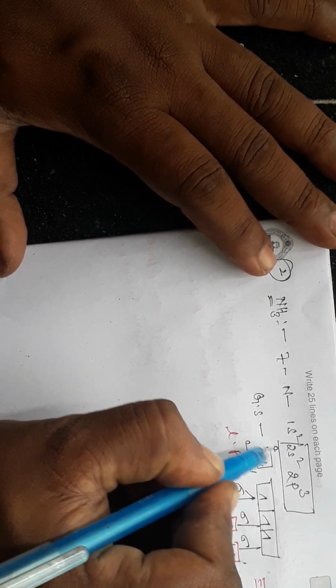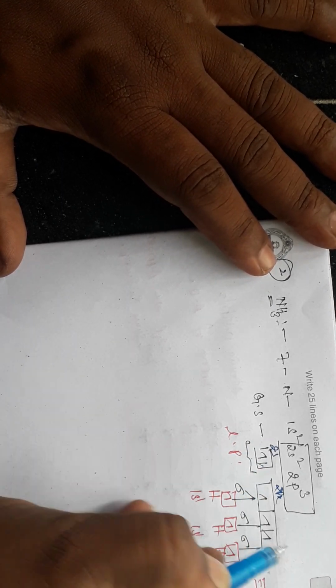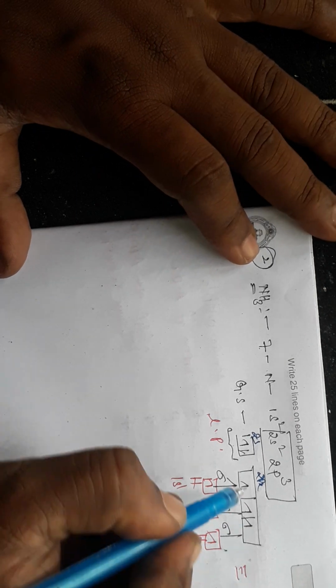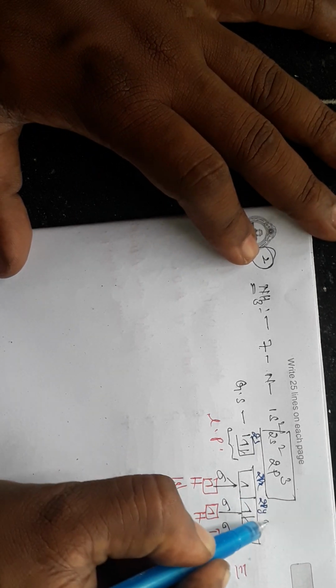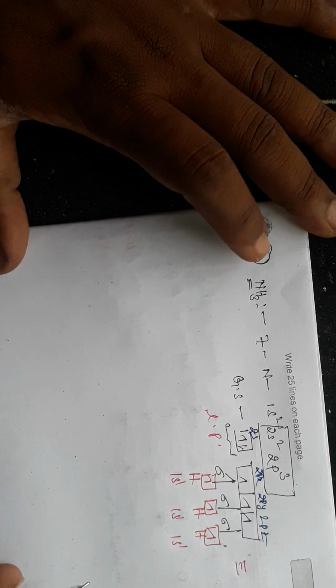Now how the orbitals overlap and intermix with each other: it is 2s, 2px, 2py, and 2pz.